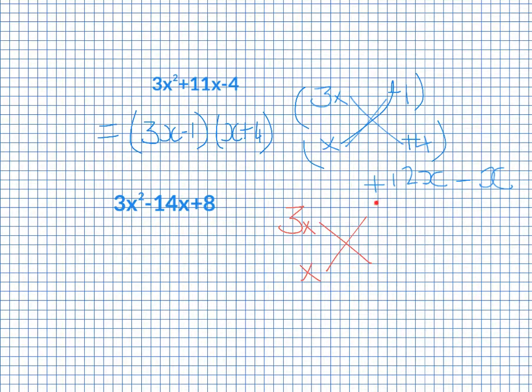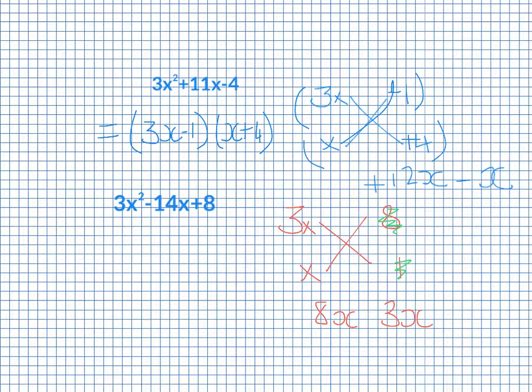So I need to choose factors of 8. I'm going to try different ones, because remember I won't always get it right first time. So I'm going to try 8 times 1. Now if I cross them I'd have 8 times x, which is 8x. I'd have 3x times 1, which is 3x. Can I do anything with them to make negative 14? Nope, I can't.